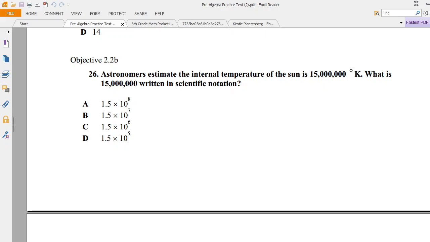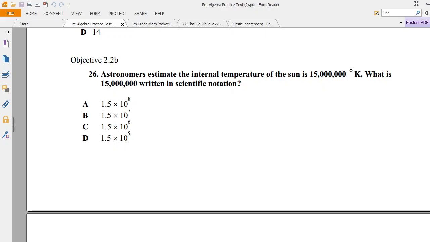You have to write just one number in front. So you move the decimal point one place, and it's going to be 1.5 times 10 raised to 7. So the answer is B.